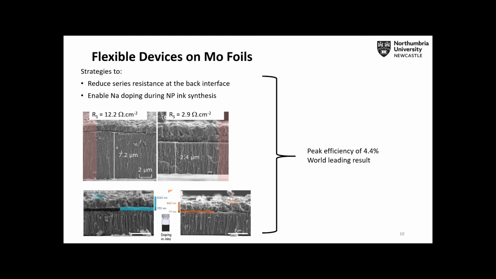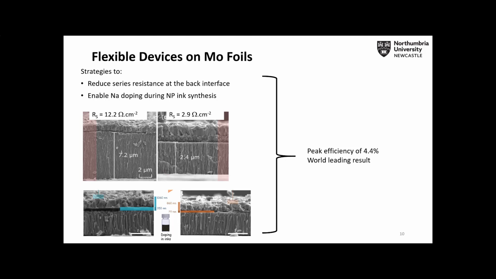And then the second part of the work was to look at how we can introduce sodium into the device, because sodium is known to improve device performance and crystallization, and we've been able to do that by doping not during the selenization process or afterwards, but during the nanocrystal ink preparation.